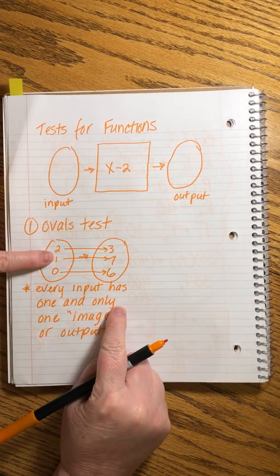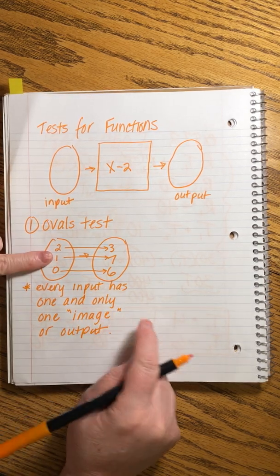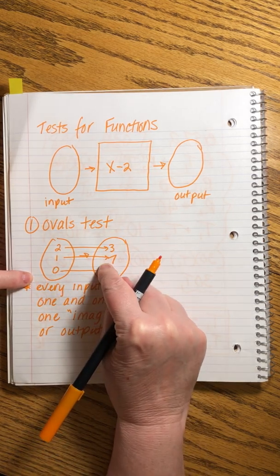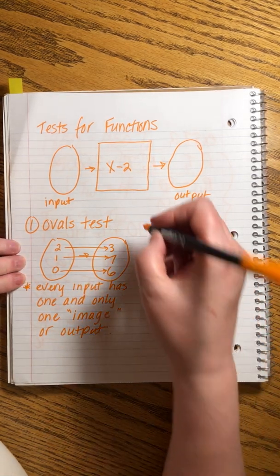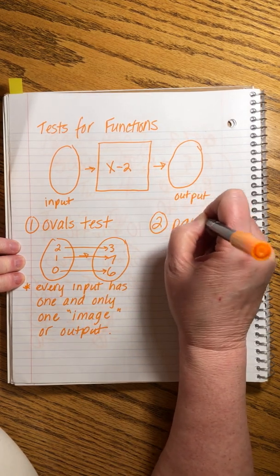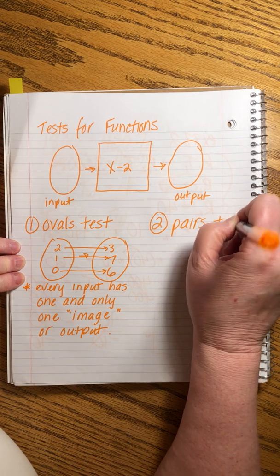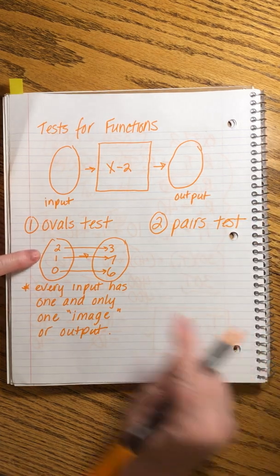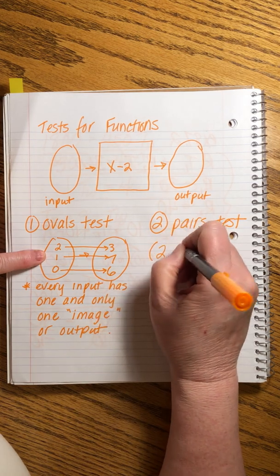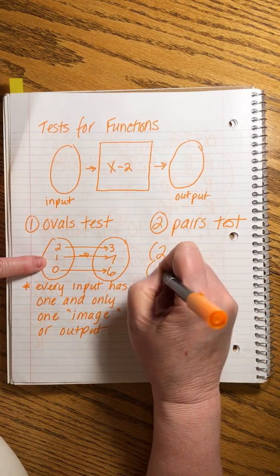So every input has one and only one image or output. All right, so that's the first kind of test. The second kind of test I'm going to write over here, and this is called the pairs test. Again, I made up these names. Because what we can do is we can use these same numbers to create ordered pairs, right?